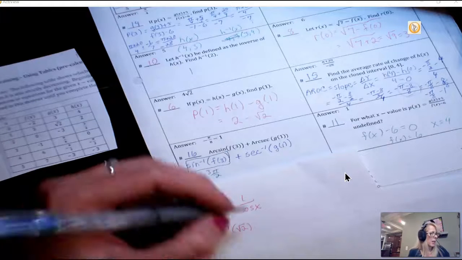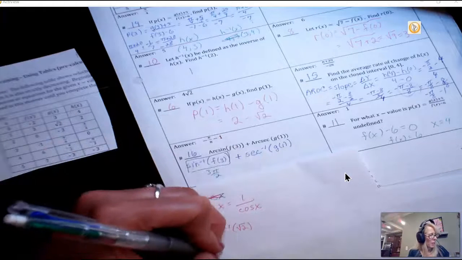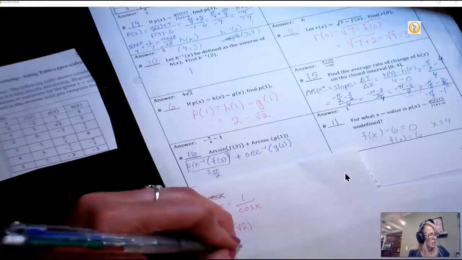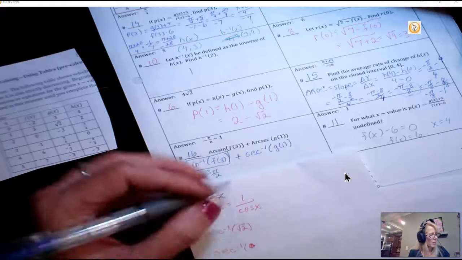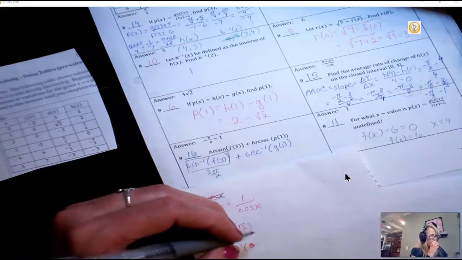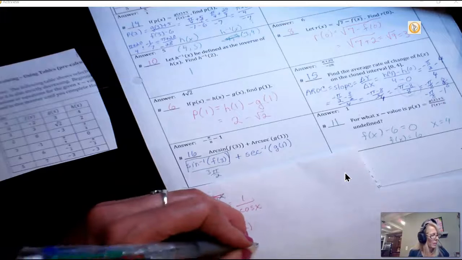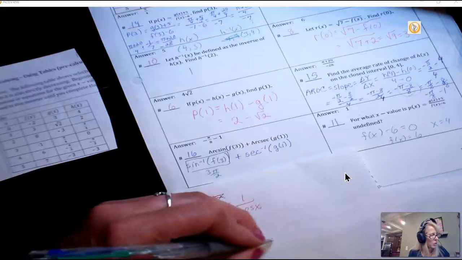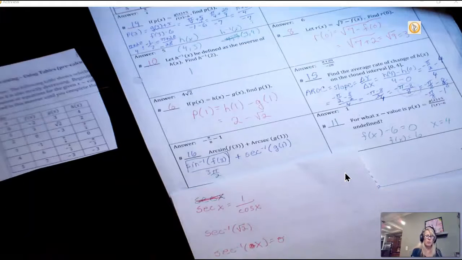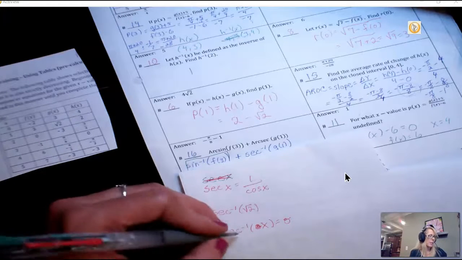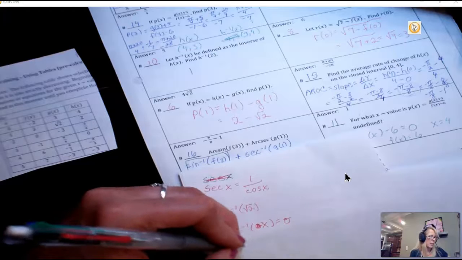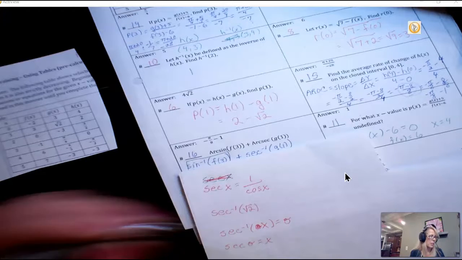And remember, the inverse function of secant of some x value is equal to an angle of some sort. And that means that secant of theta equals x.